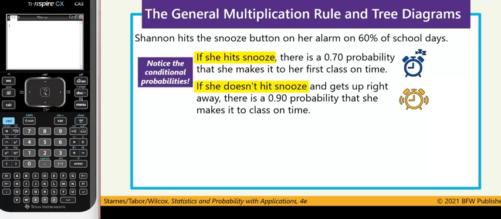Those are the conditions. The hardest thing about tree diagrams, I feel like, is noticing what the first condition is. The second one is conditional on the first. So hitting the snooze and not hitting the snooze is the first branch of this probability tree we're about to draw. Then we draw the second branch from there.